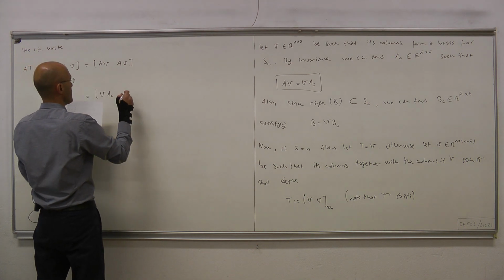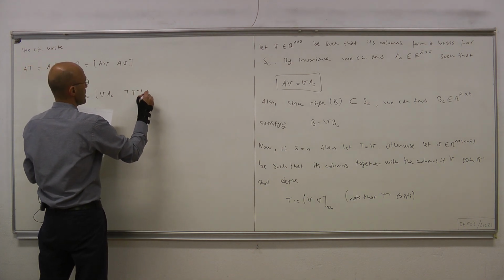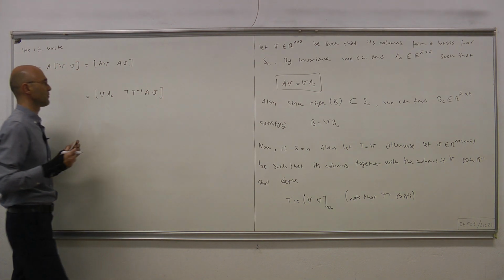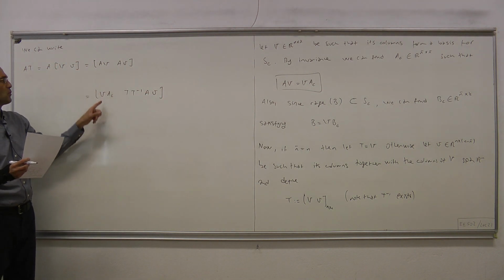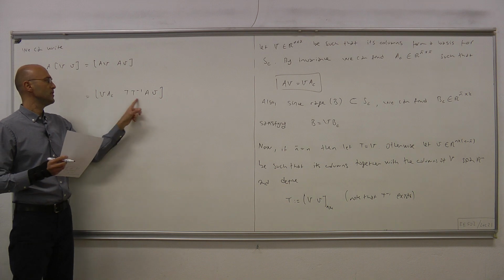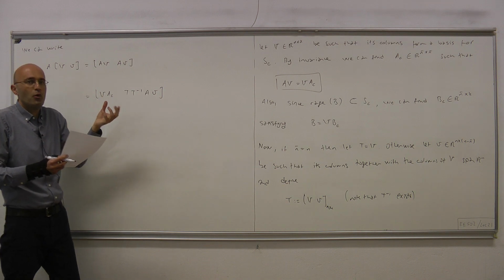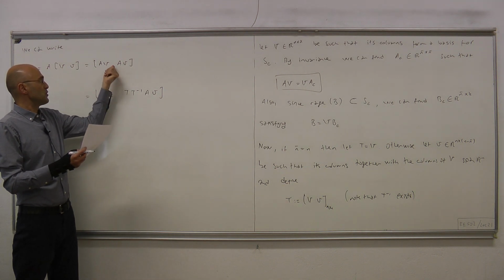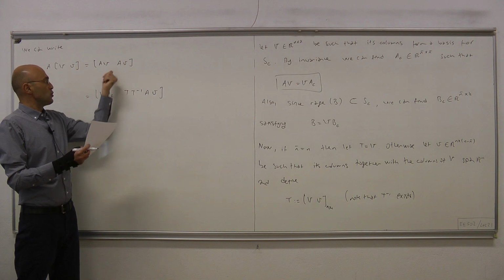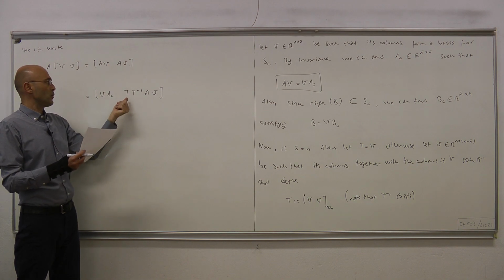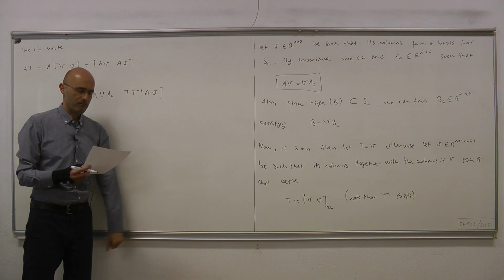So we can write T inverse AU. Okay, AV equals VAC, and here we introduced an identity matrix, and we wrote identity as T times T inverse.